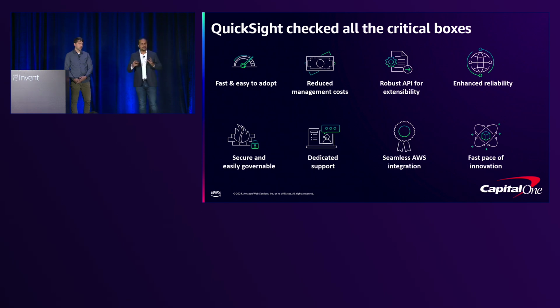Although not perfect, QuickSight checked most of the critical boxes, and that's how we started our journey in 2019. But the very exciting thing is, throughout these 5 years, we've seen QuickSight close most of the gaps that we identified, and we're really happy with the pace of innovation and the time it takes from when we provide product feedback to where we see it in the product roadmap.